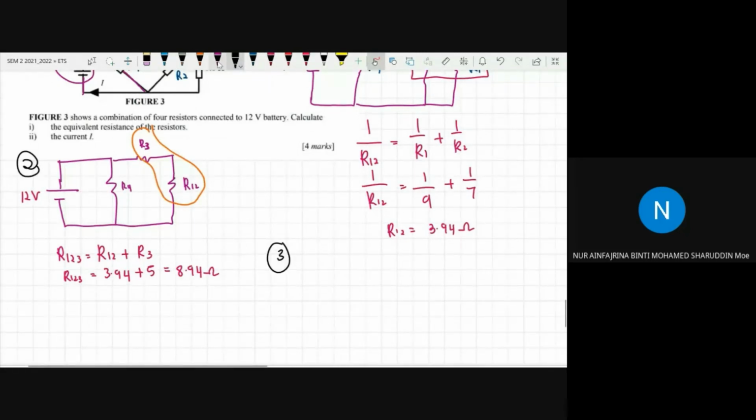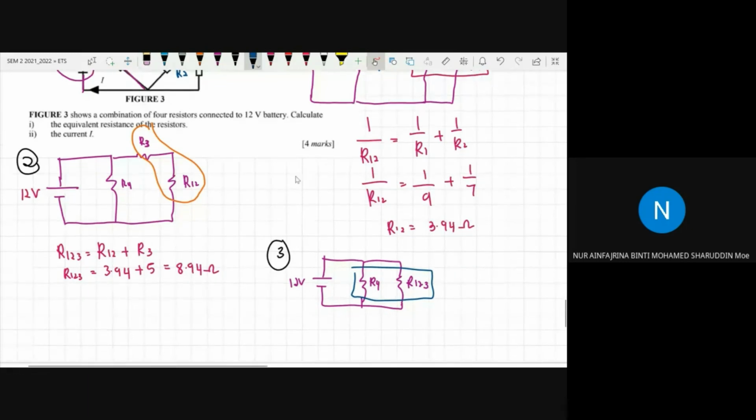So the third one macam saya cakap, draw je balik. Tak susah mana untuk draw dia, okay. So ini dia akan gabung jadi parallel lah yang R123 tu. Okay, 12 volt. Ini adalah R123 dan ini adalah R4. So dua ini kita tahu dia memang adalah parallel. Bila dia parallel nak cari effective resistance dia adalah 1 over.